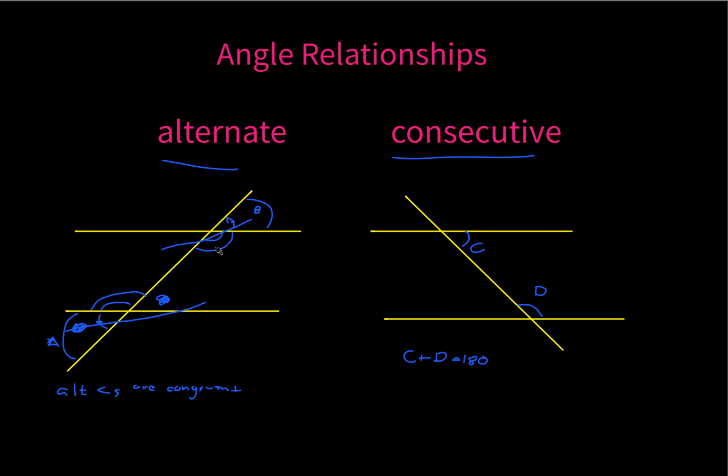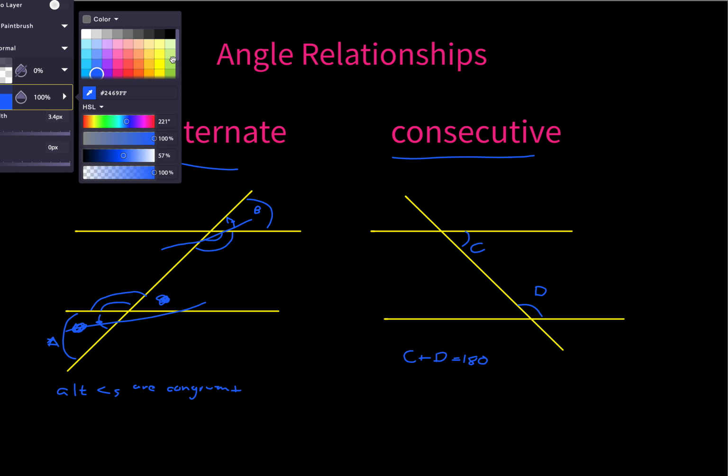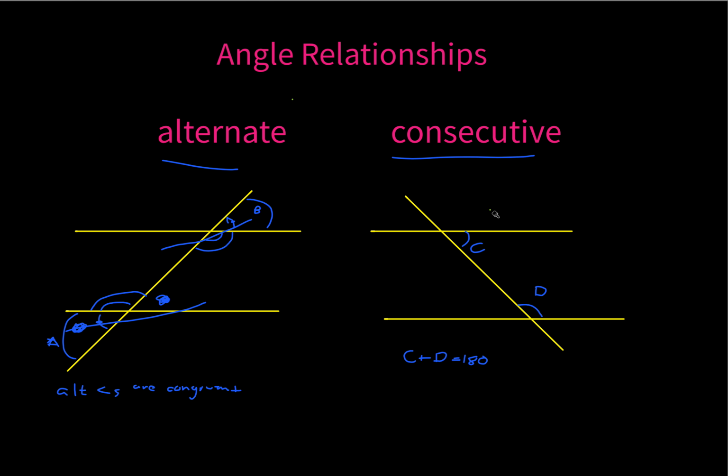Now, just a couple more important things to know about determining relationships between angles are the areas of 2 parallel lines cut by a transversal. I'll go ahead and change the color here. So, as you can see, the 2 parallel lines create kind of an inner area. I'll shade this in green quickly.